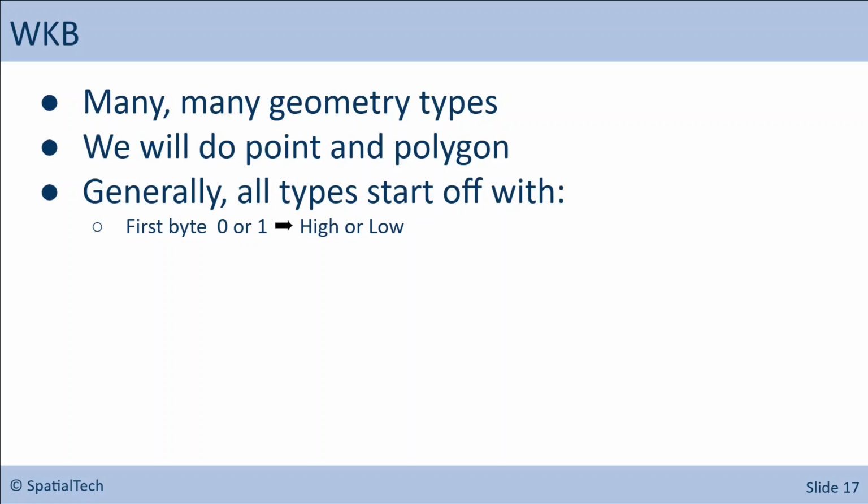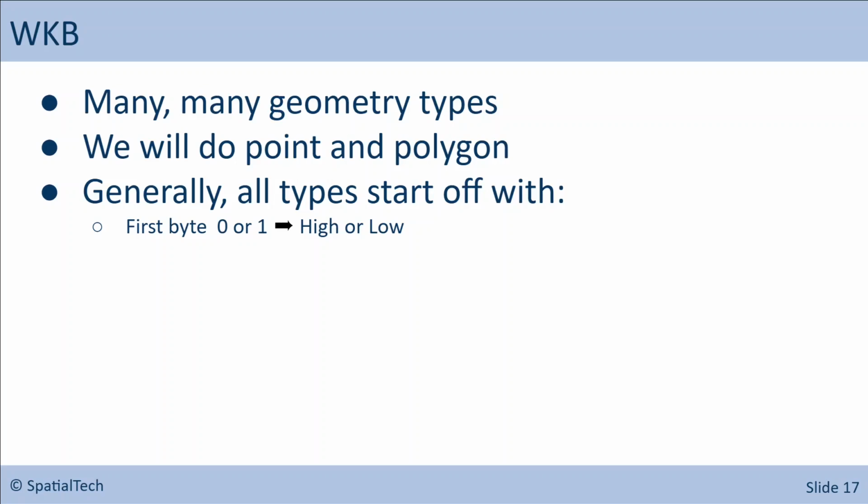In well-known binary, because you could be coming from a RISC system, or a complex instruction set system or a reduced instruction set system, they're not sure what system made the geometry. But for them, the whole geometry is stored in one order. We saw with the shapefile that there's a mix of high, low, little, big, and it's mentioned in the spec.